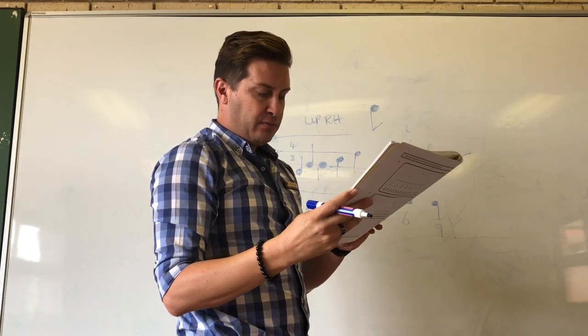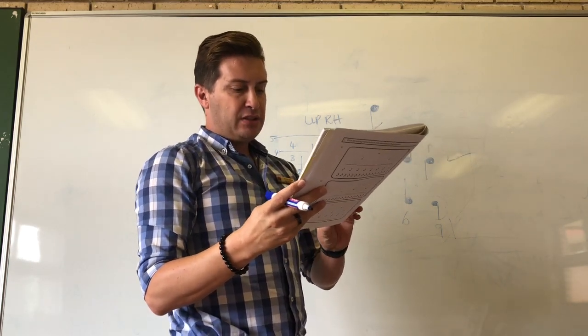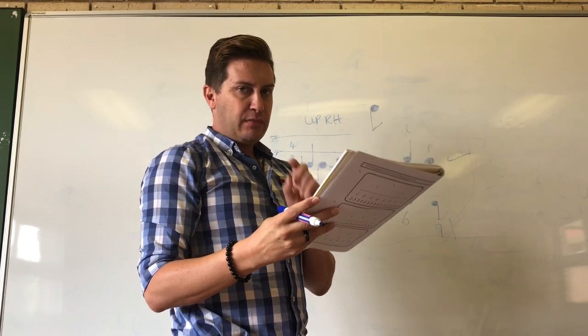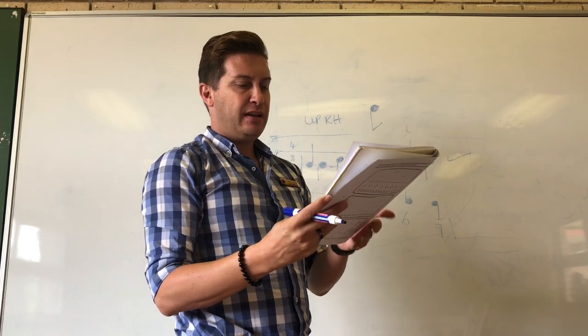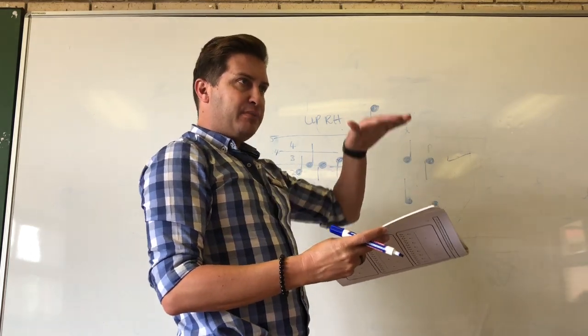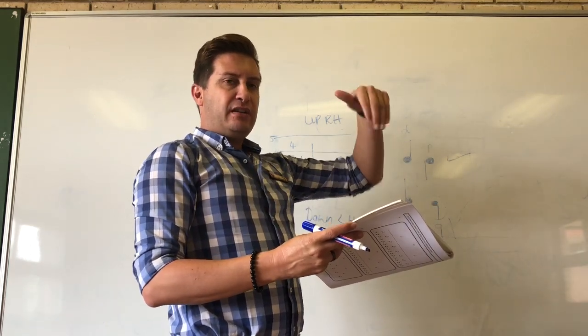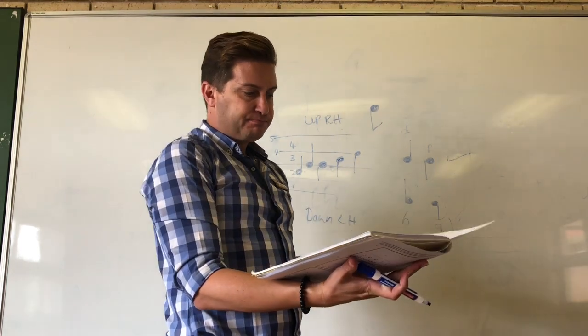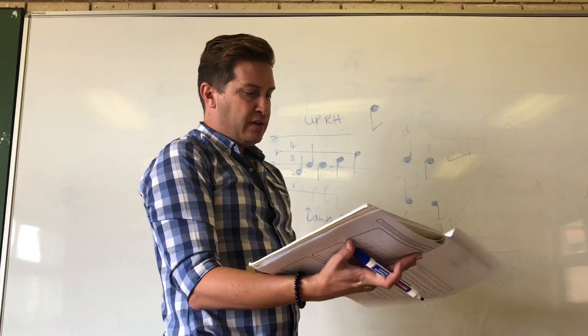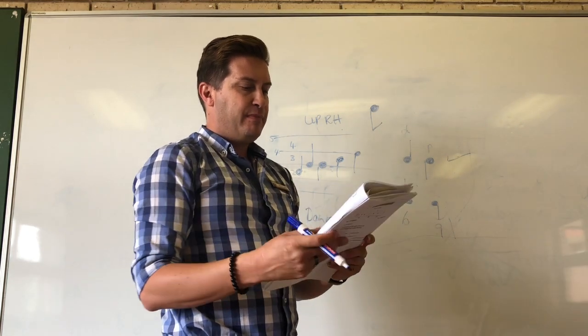Number 6 on page 3, draw a minim in each space. Again, make sure that your stems are going in the right direction. Up, right, down, left. Anything above the middle line will go down. Everything below the middle line, the stems will go up. On page 4, you've got to do some maths.